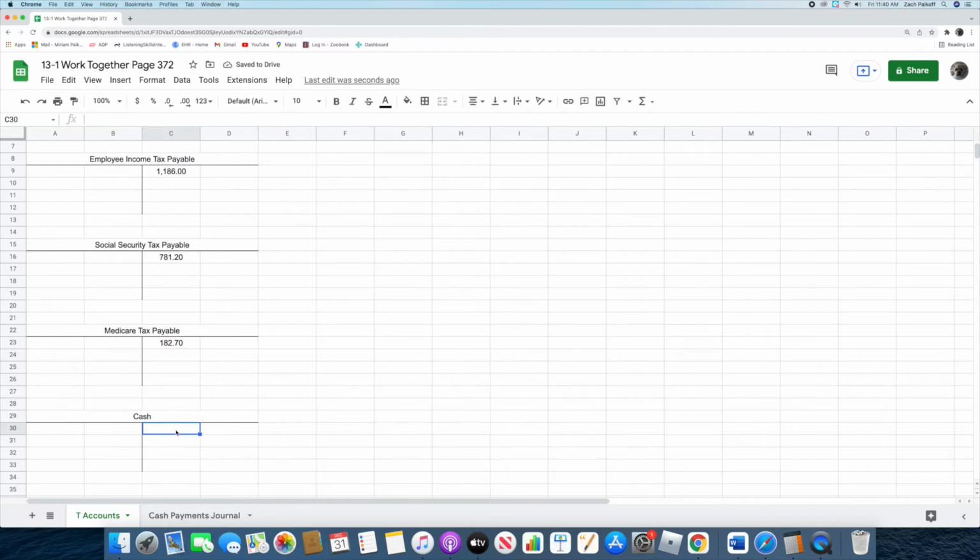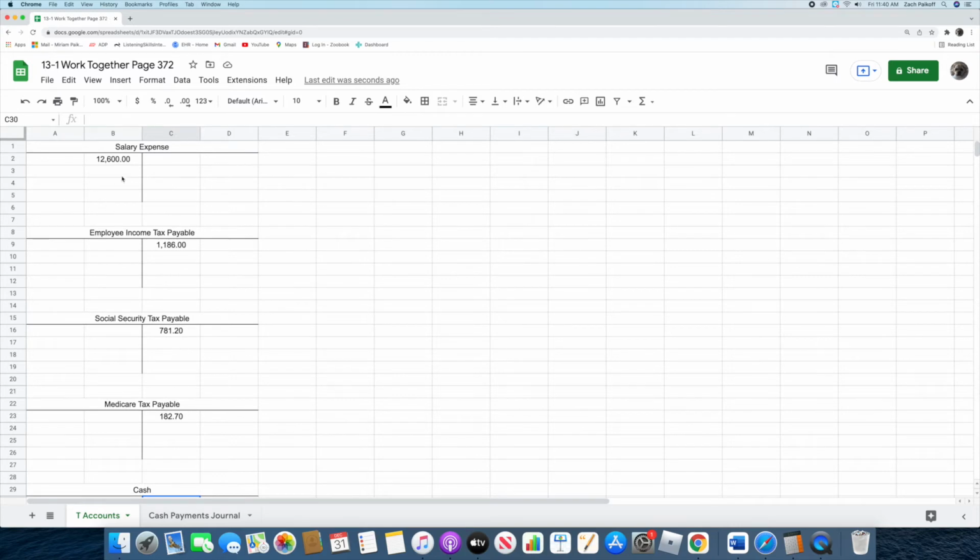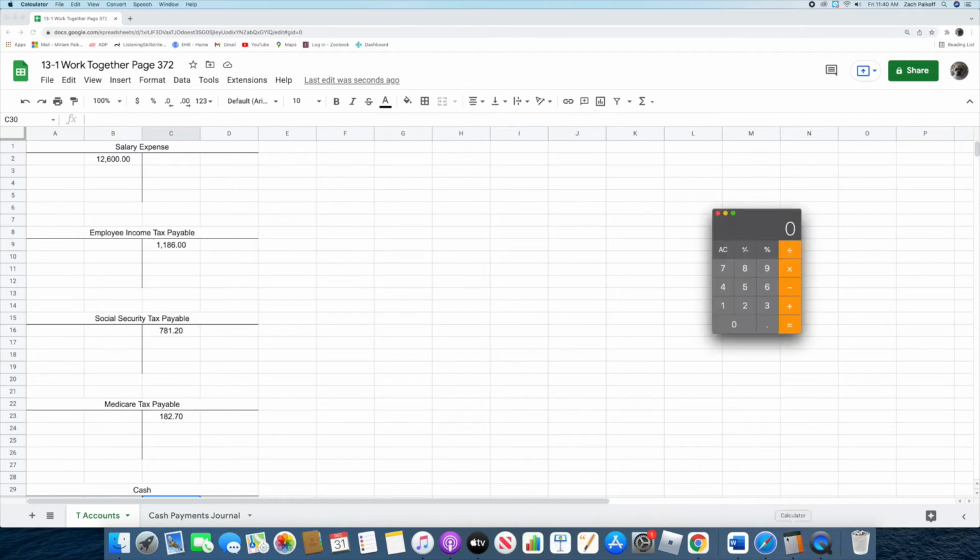The next thing that we're going to do is calculate the cash amount by taking the salary expense amount and subtracting it from the total of all three of our payable liabilities. So if we take 1,186 plus 781.20 plus 182.70, that will give us $2,149.90.